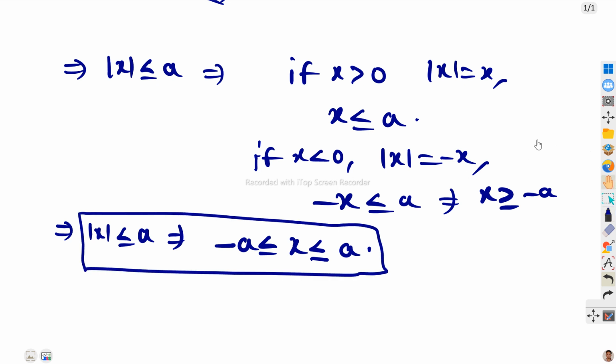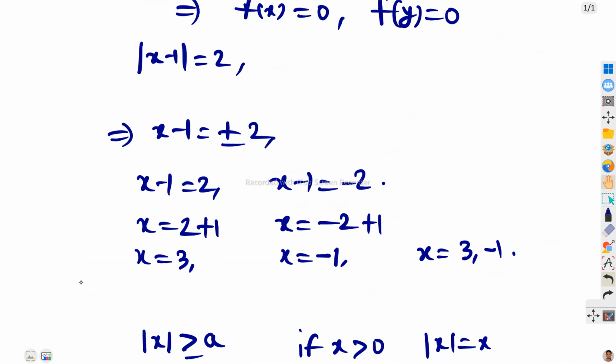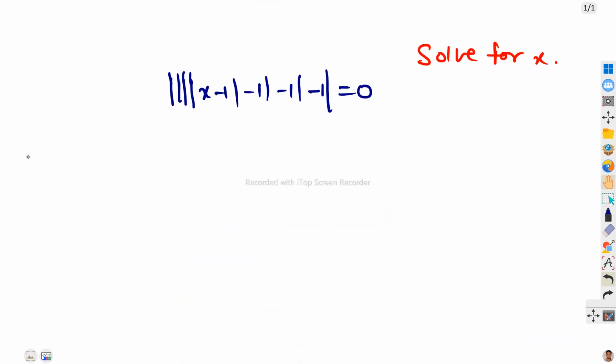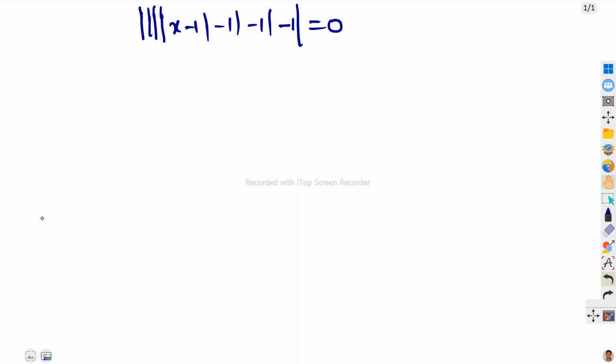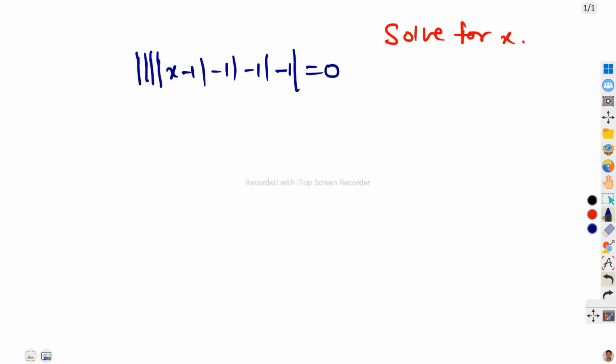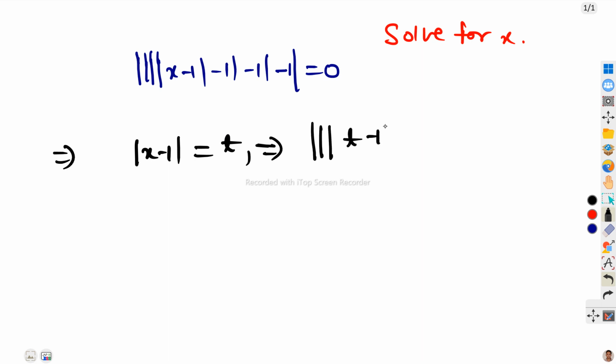Again, we have to solve the given problem, which is on our board. First of all, what we do is take |x − 1| = t. So this equation changes to |||t − 1| − 1| − 1| = 0.